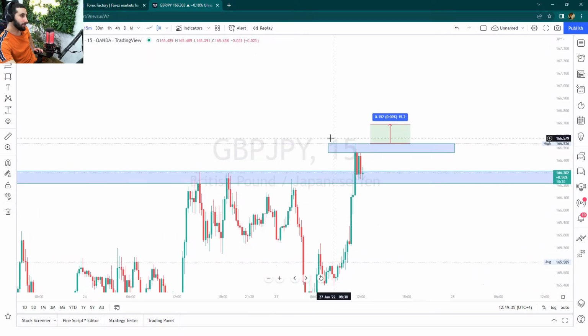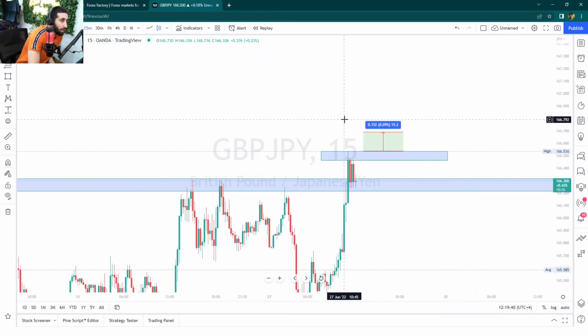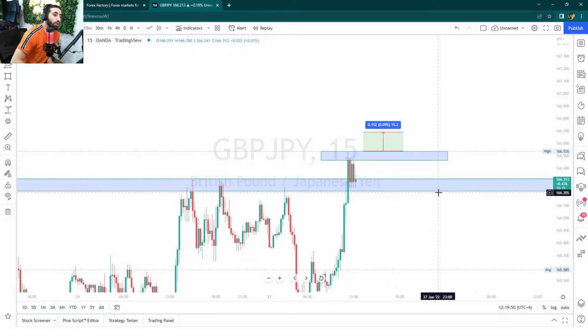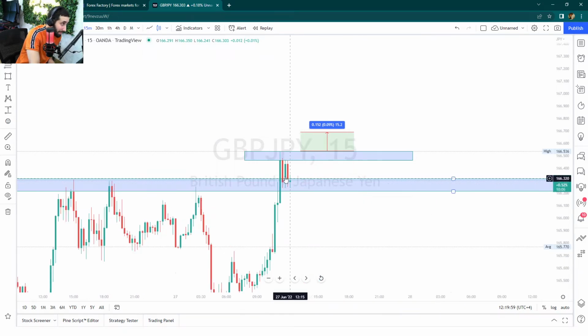We find out that the overall market from the monthly and daily is bullish. But at this point, when it comes to the confirmation, when the candle closes, you would never be in that position where you say, I want to know if the market is going to continue down or up, because that's a big mistake, my friend.